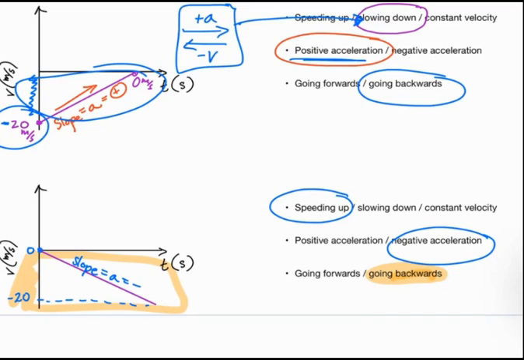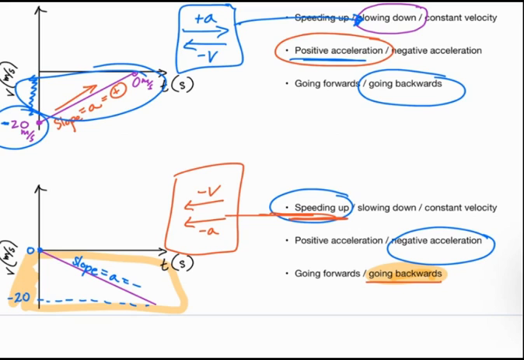And last but not least, we have this last one where I am going backwards, which means I have a negative velocity. And I also have a negative acceleration. Well, if I have a negative velocity and a negative acceleration, that means that I am speeding up. So when they go in the same direction, I'm going to speed up. When they are in opposite directions, I'm going to slow down.